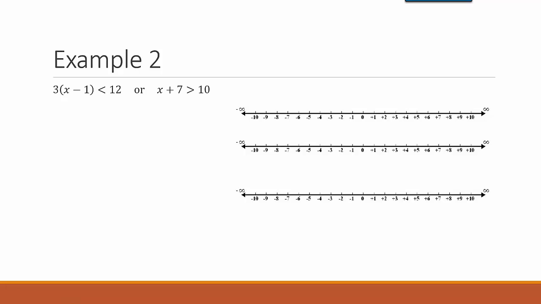Okay, have a look at this one. We have 3 parentheses x minus 1 is less than or equal to 12, or x plus 7 is greater than 10. So the first thing that you would want to do in that first inequality is to clear the parentheses by using the distributive property. 3 times x is 3x. 3 times negative 1 is negative 3.